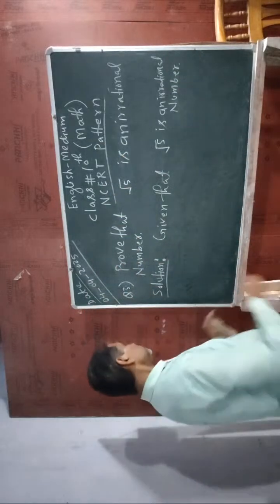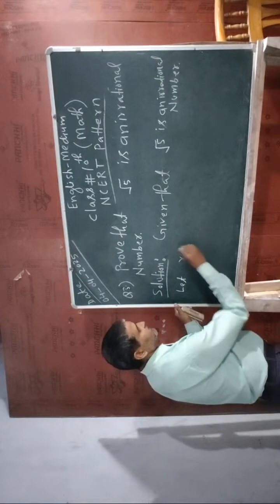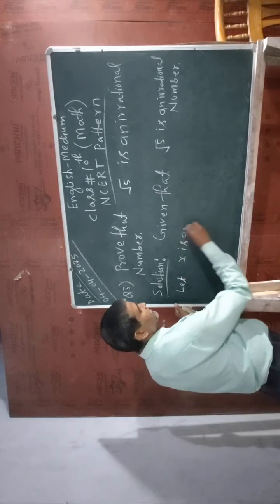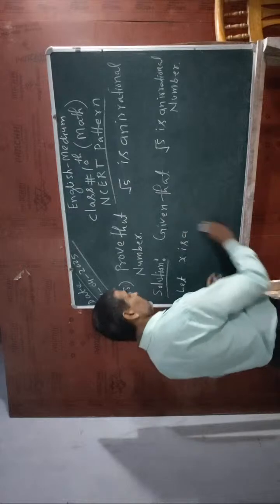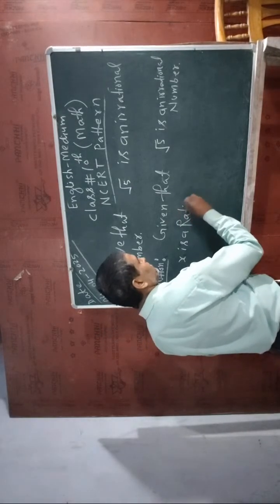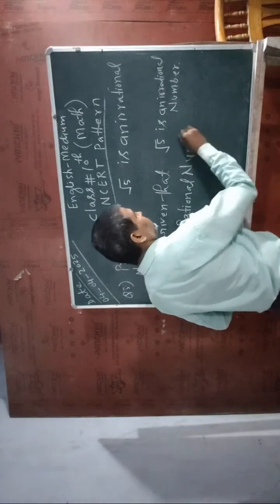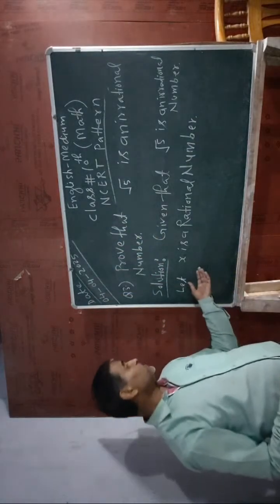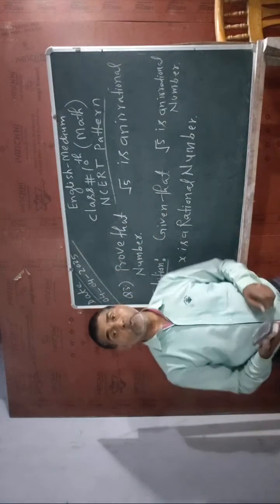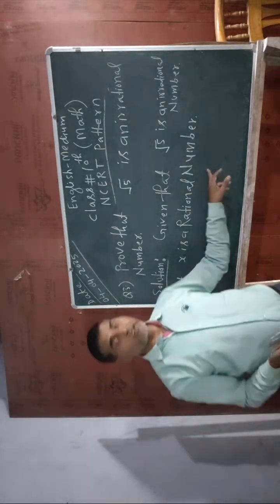Now you have to let here, let x be a rational number. Okay, student. First of all, in the first step, you have to assume that x is a rational number.